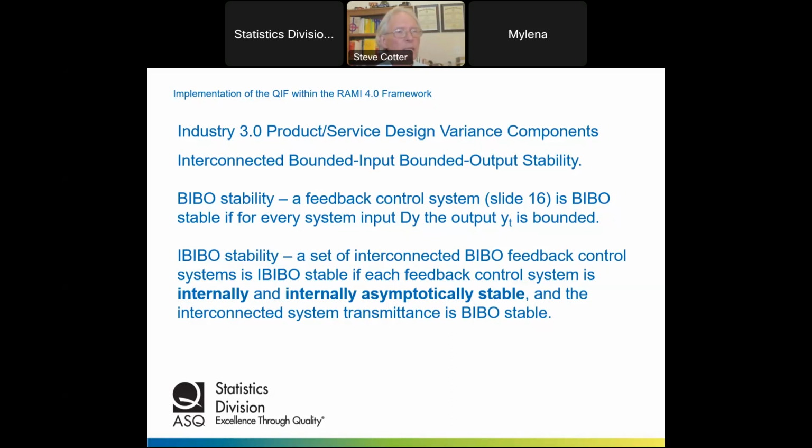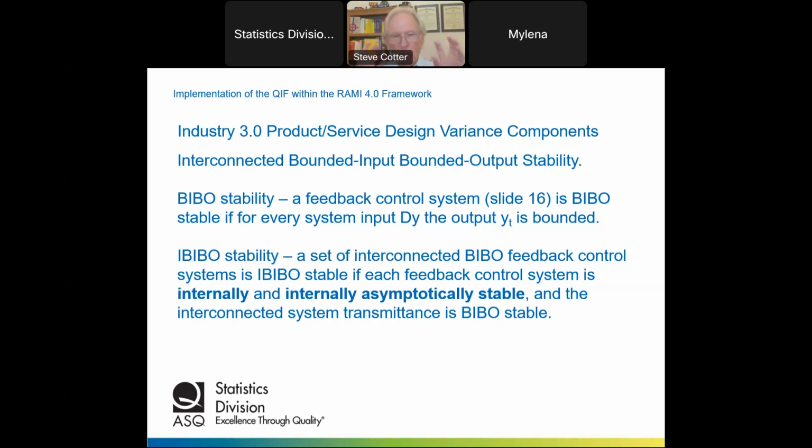Note on this slide that BIBO stability of single input, single output systems can be extended to MIMO systems if and only if the gain G is absolutely integrable from 0 to infinity. This means that two or more interconnected BIBO control systems can result in unstable interconnected BIBO operation if they are not absolutely integrable.